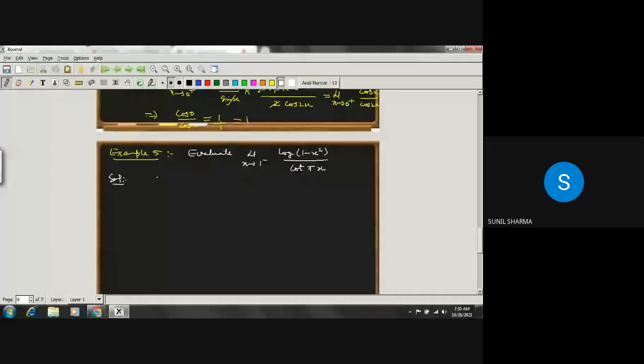So the given limit is limit x goes to 1 negative log of 1 minus x square divided by cot pi x. So when we put x equal to 1, again log 0 is infinity, cot pi is infinity. So we get it is infinite by infinite form.